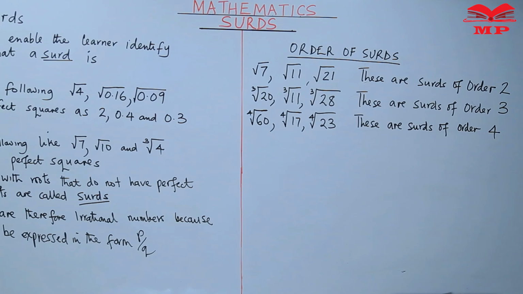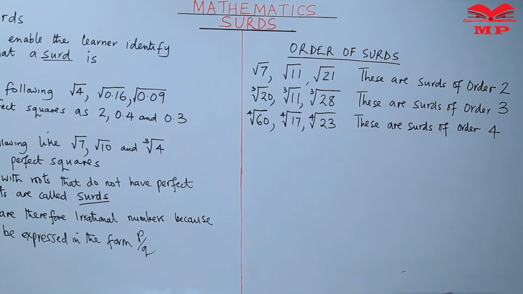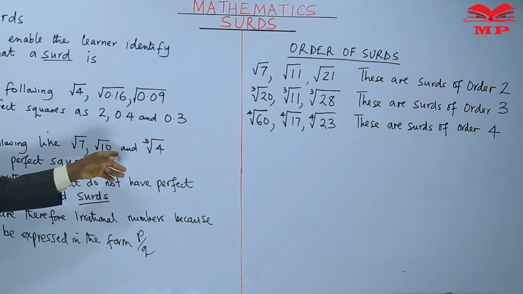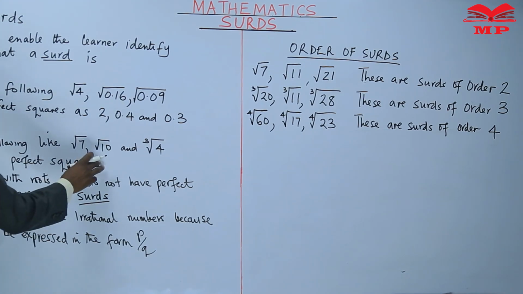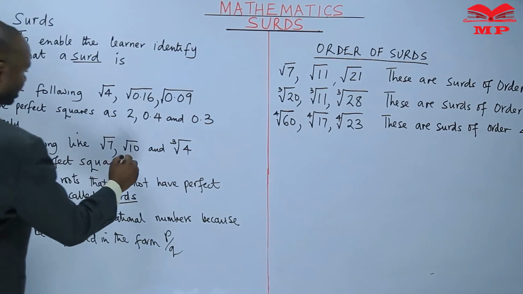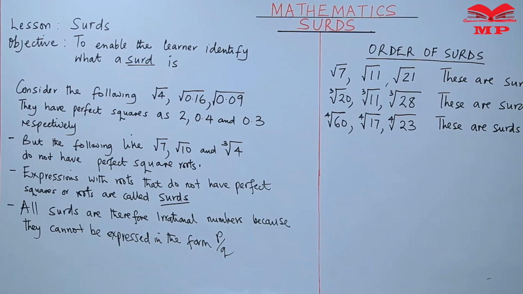So just as a recap of what we've done, let's go back. We've considered numbers. We found out that numbers that have a perfect square tend to be rational numbers. But the following do not have perfect square roots.